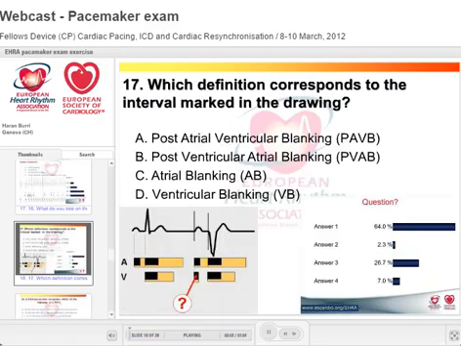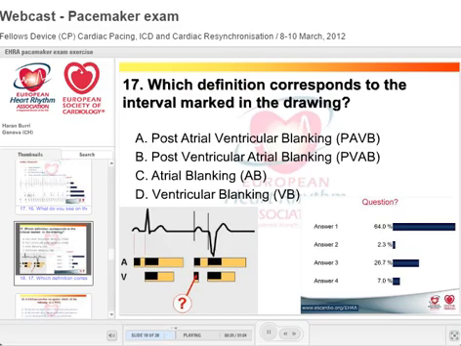Next one. Which definition corresponds to the interval marked in the drawing? Please vote. So we have this following an atrial paced event. Most of you got that right, but over a quarter thought it was just atrial blanking.